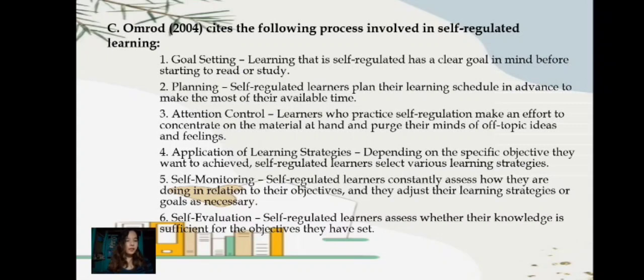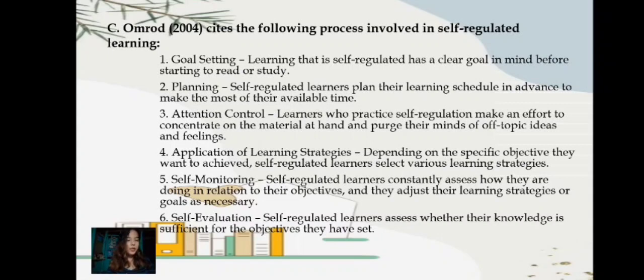The third is attention control. Learners who practice self-regulation make an effort to concentrate on the material at hand and purge their minds of off-topic ideas and feelings. This means self-regulated students try to focus their attention on the subject matter at hand and clear their minds of distracting thoughts and emotions.